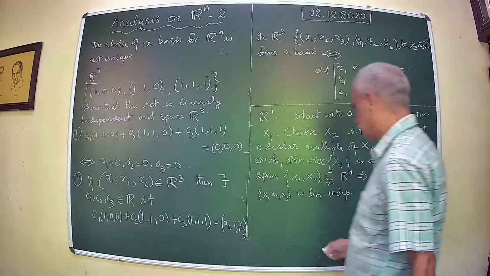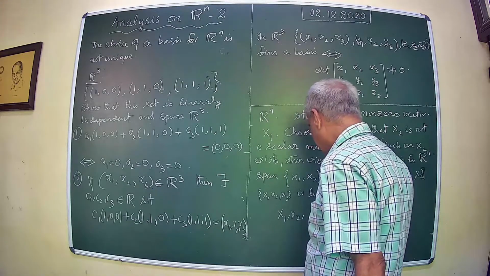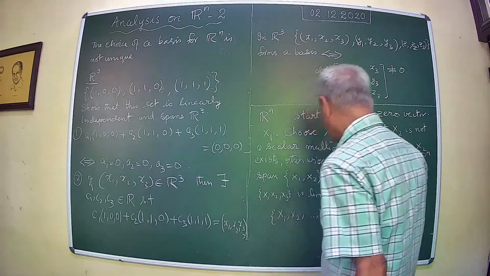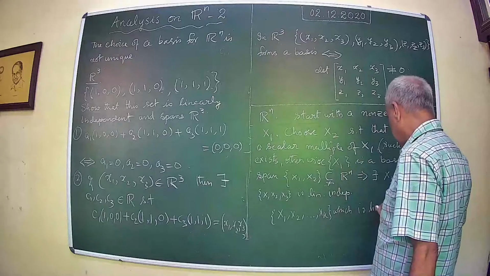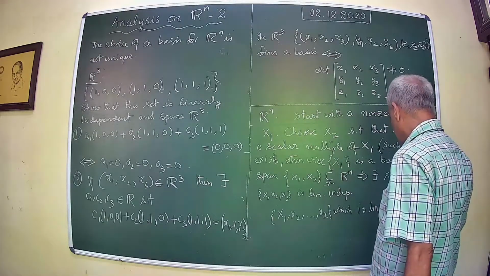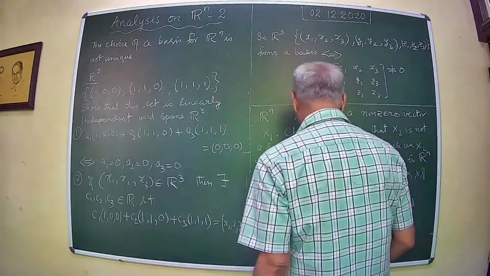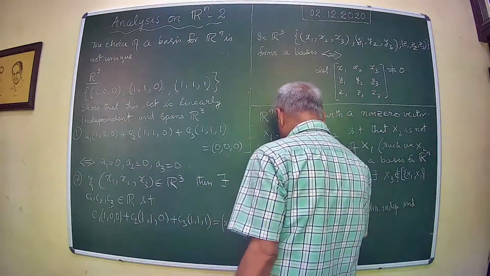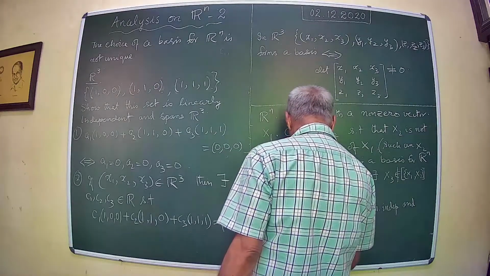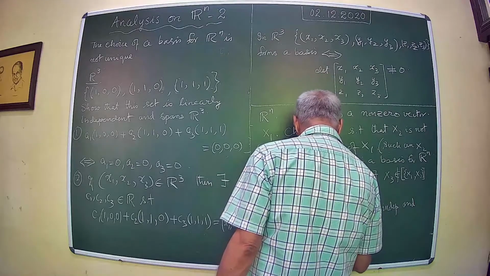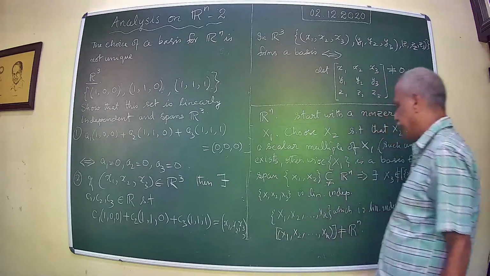So eventually, suppose you have obtained it this way: x1, x2, ..., xk, which is linearly independent, and the span of this is not equal to Rn. Then what happens?